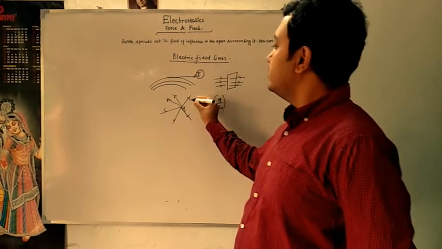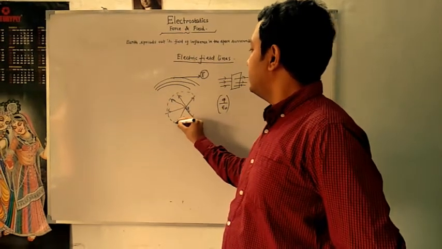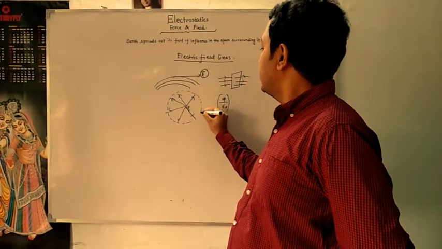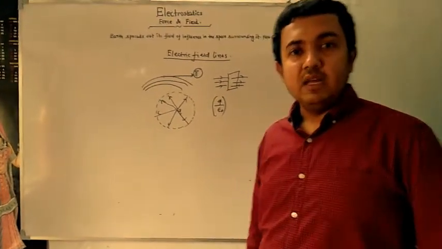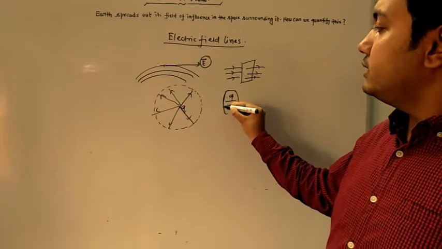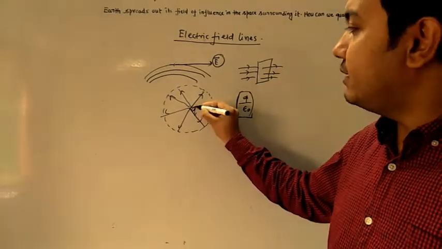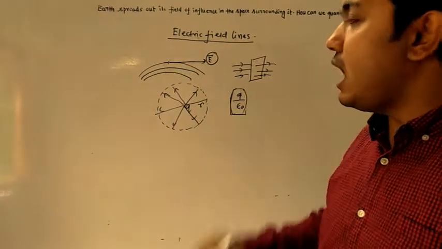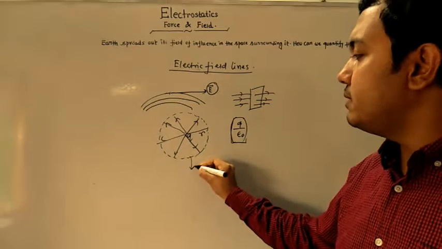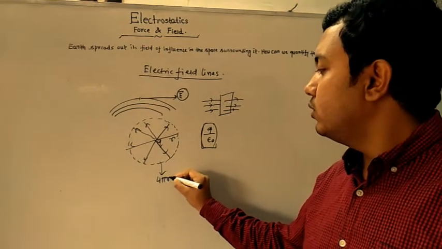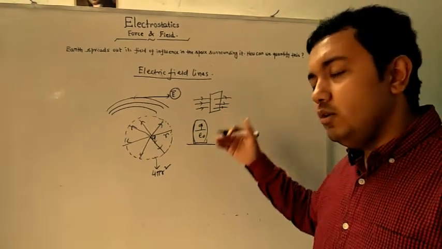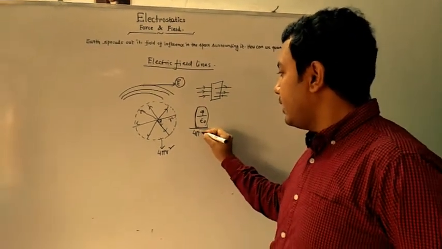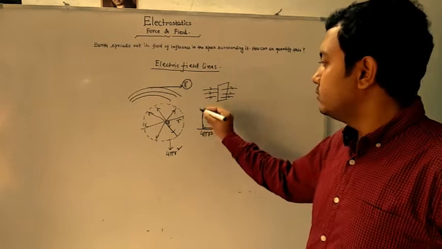Now we consider an imaginary sphere with the charge small q at its center. Then the number of field lines is q by epsilon naught, and if the radius of this sphere is r, then the surface area of this sphere we know is 4 pi r square. Hence, the number of field lines per unit area is q by epsilon naught into 4 pi r square.